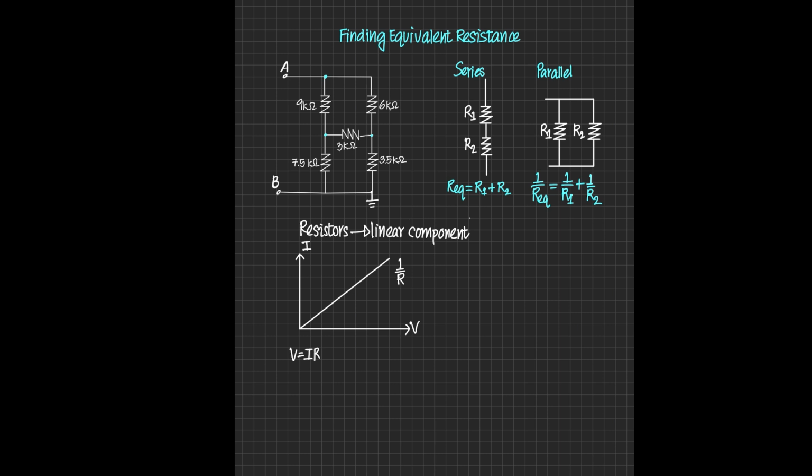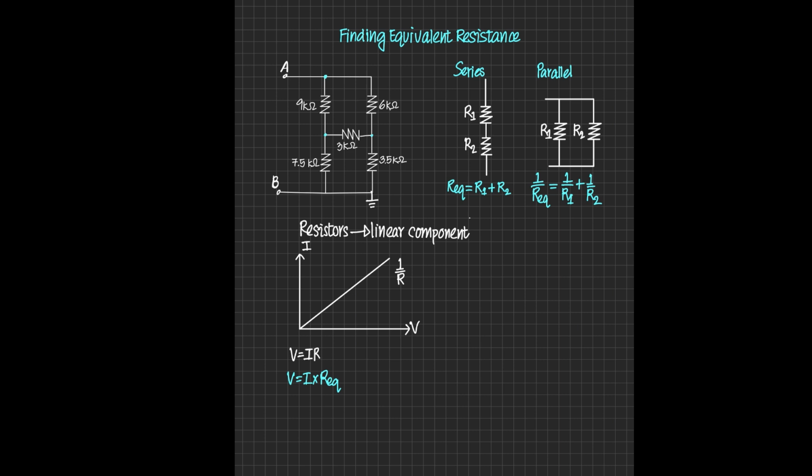So in this circuit, if an equivalent resistance exists, the applied voltage into the circuit AB is equal to I times the equivalent resistance. So how do we calculate the equivalent resistance?